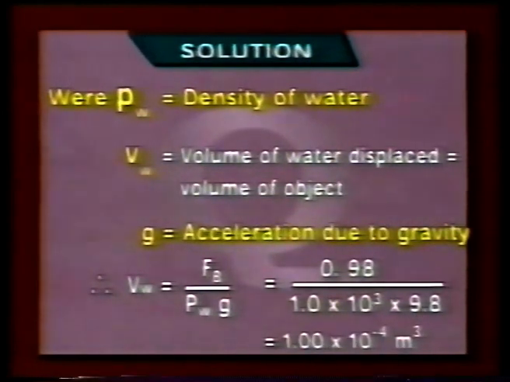Therefore V_W should be F_B over ρ_W g, which is 0.98 divided by 1.0 × 10^3 times 9.8. And that is 1.00 × 10^-4 meter cubed.